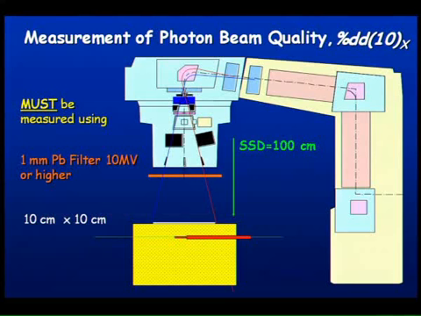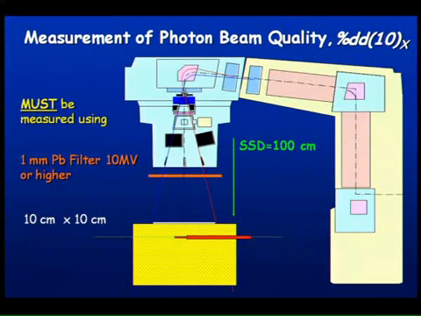The other thing is, we know that when the beam energy goes higher, for beam energy greater than 10 MV, the electron contamination becomes important. And that electron contamination affects the value, percentage depth dose, and Dmax, and that in turn affects the value of percentage depth dose at 10 cm depth.